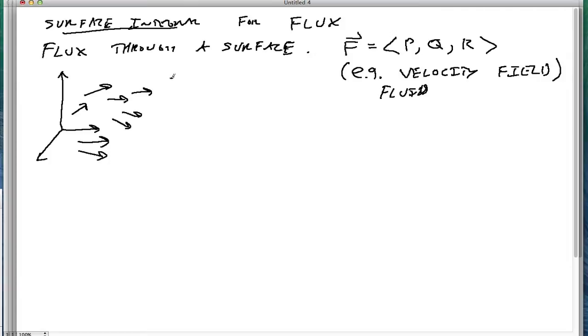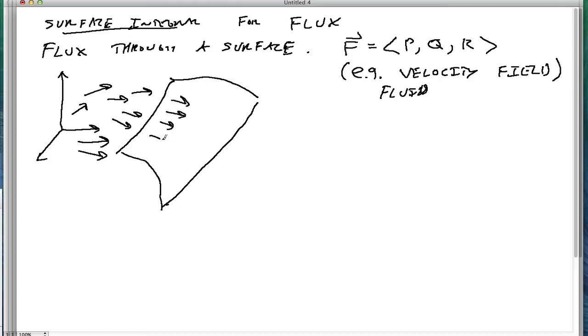So there's some fluid flowing around in three-dimensional space like this. What we want to be able to do is, if we have some sort of surface that's sitting there, we want to know how much fluid flows through our surface. Now you can see this is incredibly important if we're thinking about how filtration can happen.